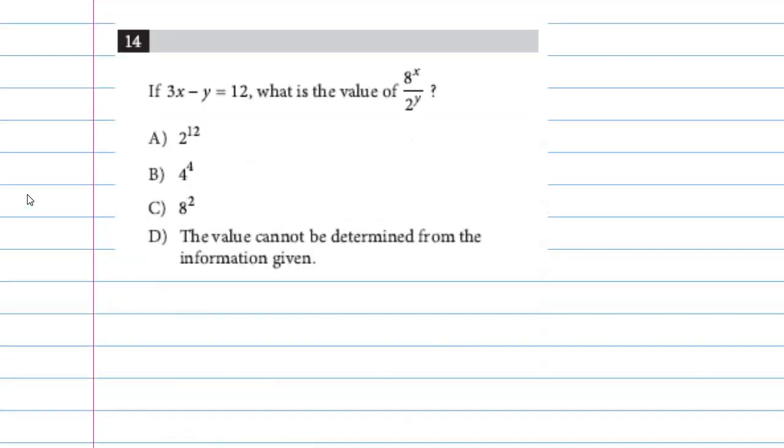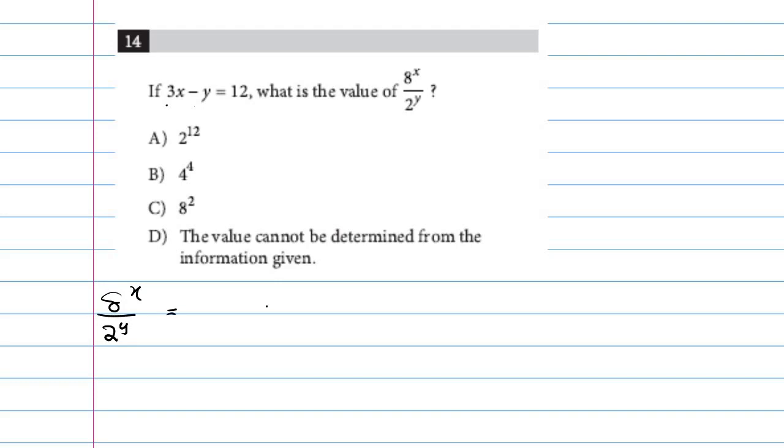Okay, so this is the 14th question. Again, it's a multiple choice question from the same section. So you have 2x minus y equals 12, and what is the value of 8x over 2y? Let's look at this formula, 8x over 2y.